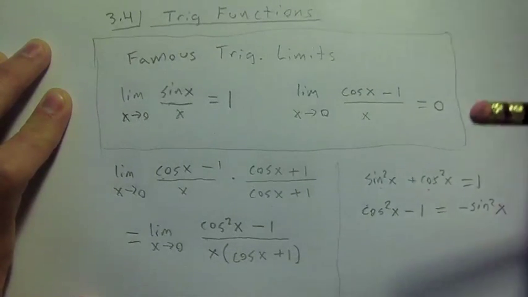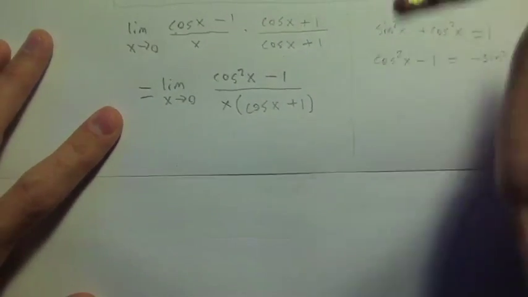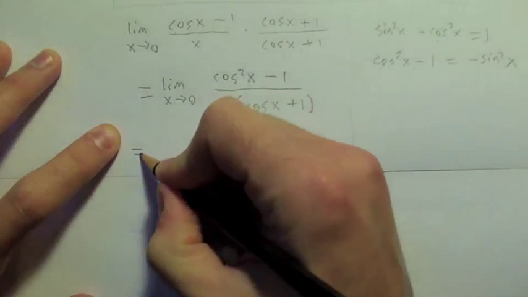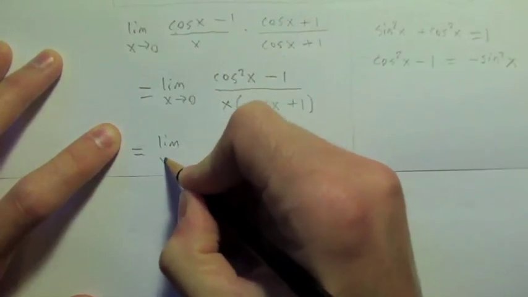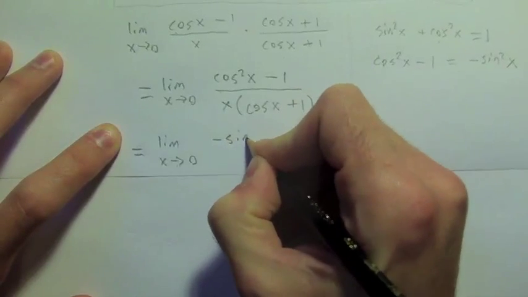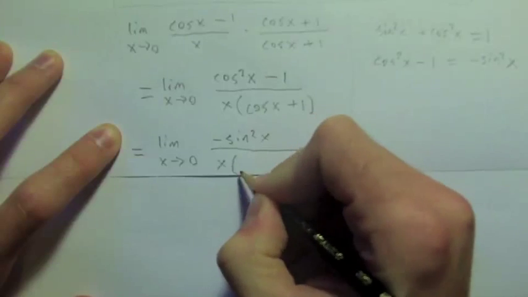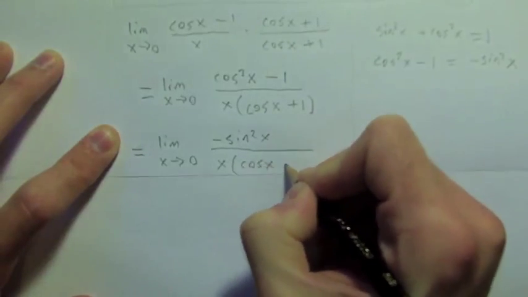Right? So that gives us that this limit is technically equal to the limit as x goes to 0 of negative sine squared x all over x times cosine x plus 1.